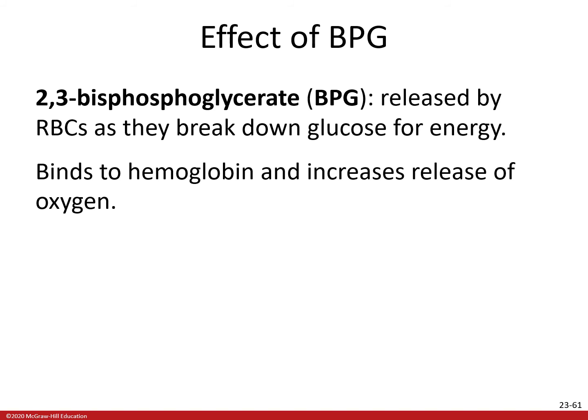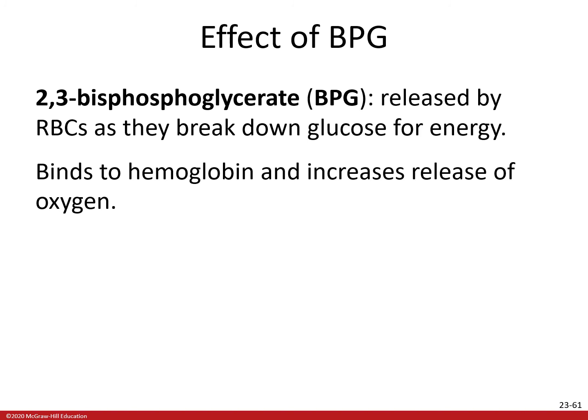And then the last effect that we're going to look at on that curve is the effect of BPG, which is 2,3-bisphosphoglycerate. However you want to say it, we'll just say BPG because that's easier, right? This is an effect on oxygen transport.